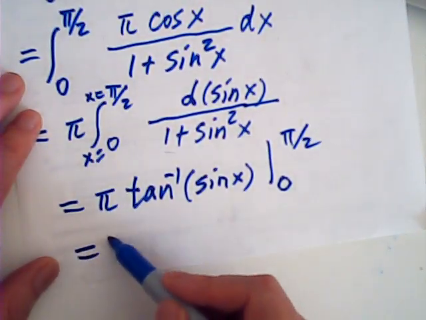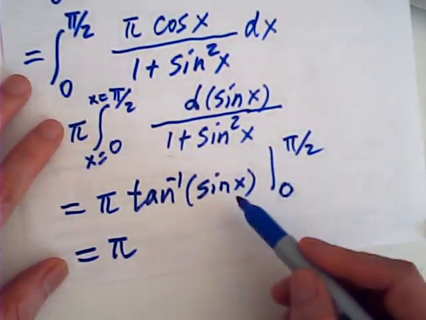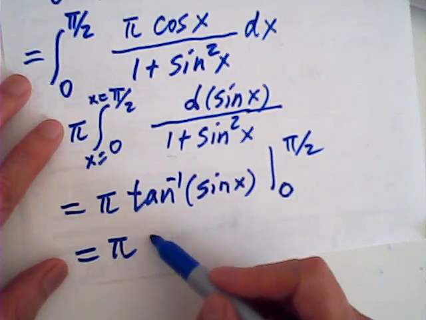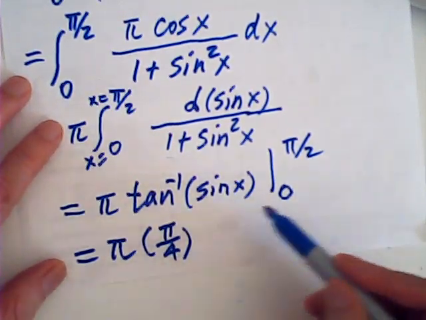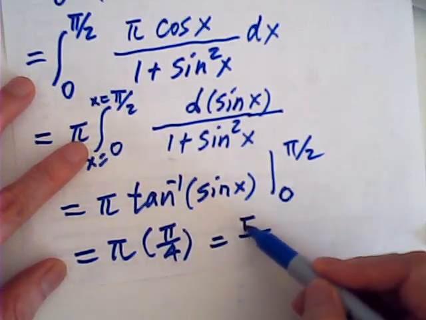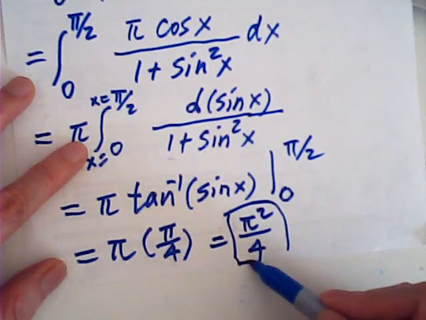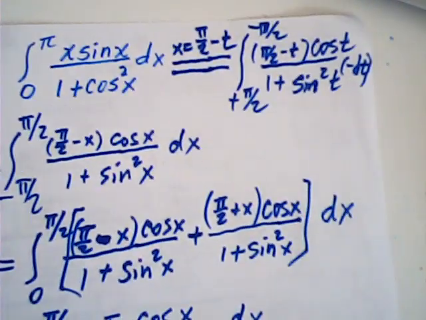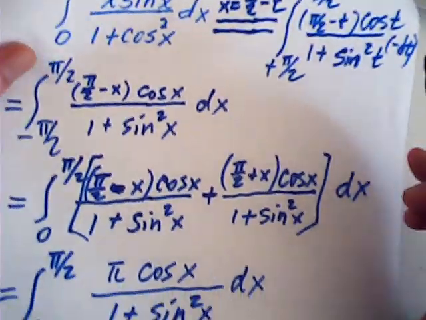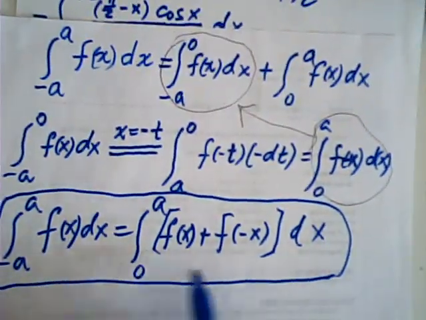Sine of half pi is 1, arctangent 1 is a quarter pi, and at 0, it is 0. So this is equal to pi square over 4. That is the answer for this integral, which is a very nice application of this property.